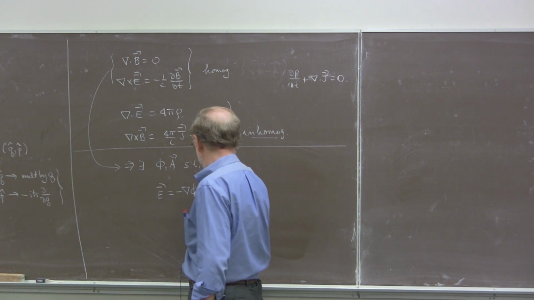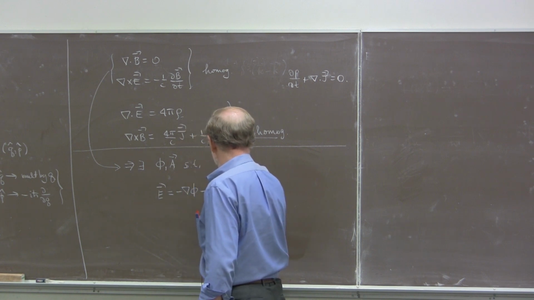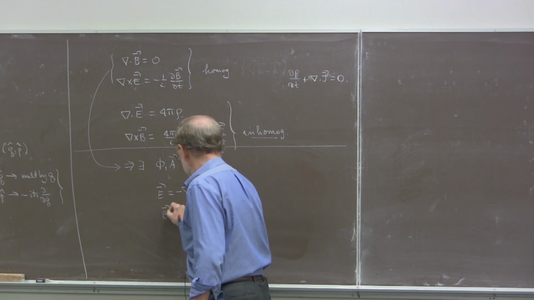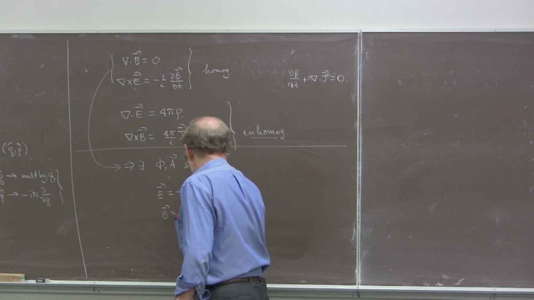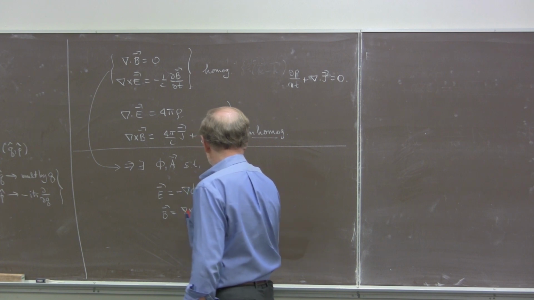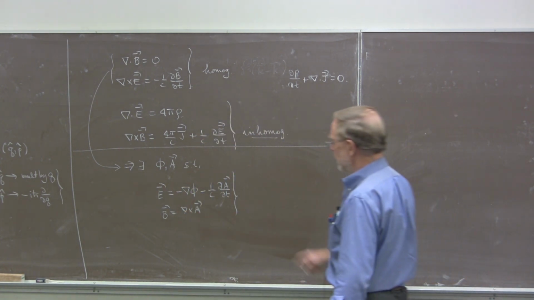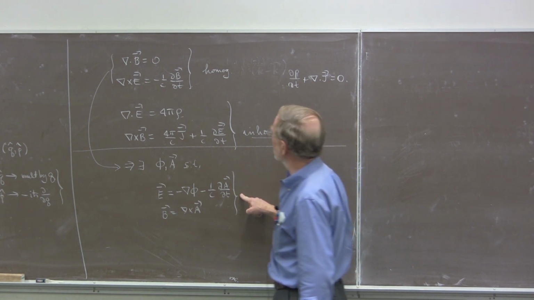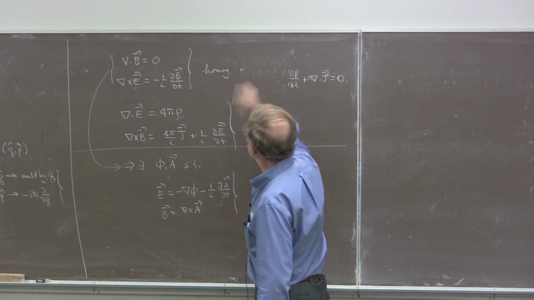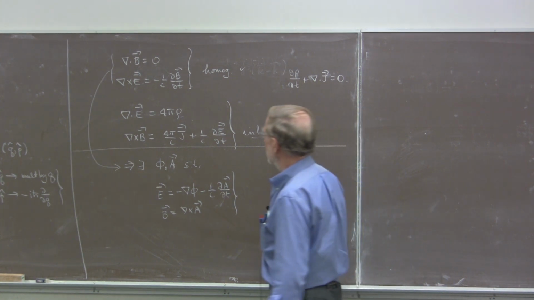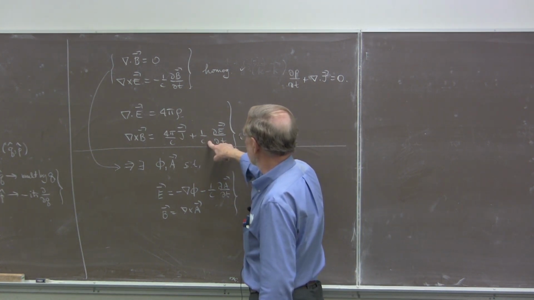E is minus grad phi, minus 1 over c dA/dt, and B is equal to del cross A. And so those are interesting substitutions to use. Expressing E and B in terms of the potentials causes the homogeneous equations to be satisfied as identities. And so if we turn just to the inhomogeneous equations, that's what's left.